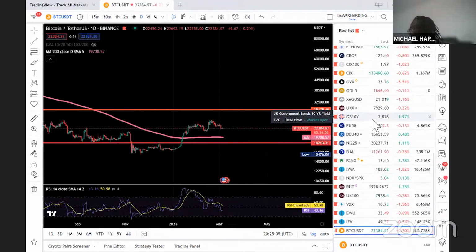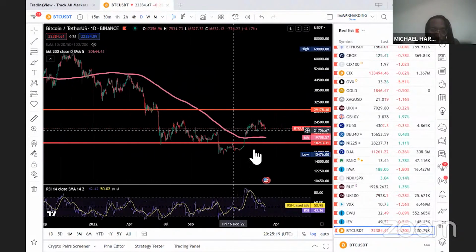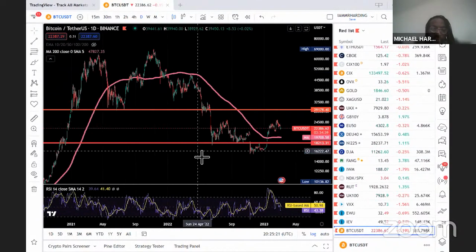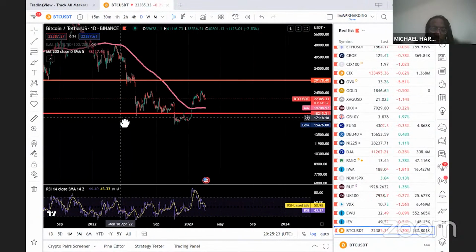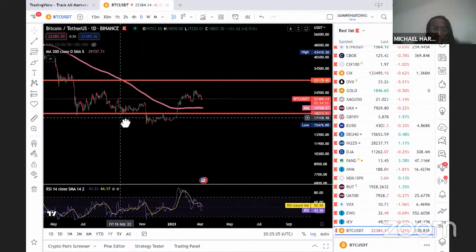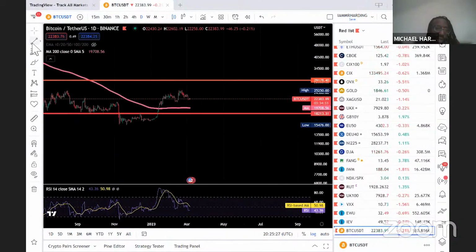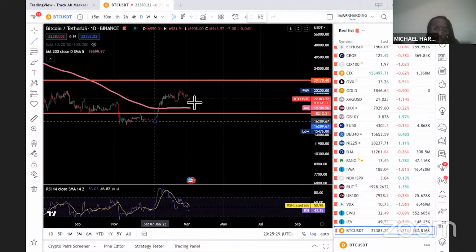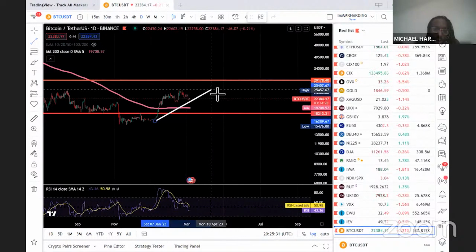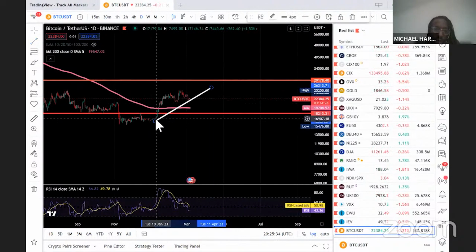Okay, cool. Let's go on to the next bit. What did I have in my notes to show you? Oh yeah, the trend on the daily. Then we have something called a trend line. A trend line is just the direction that something's going in. We can see here there's a clear trend of Bitcoin going up.